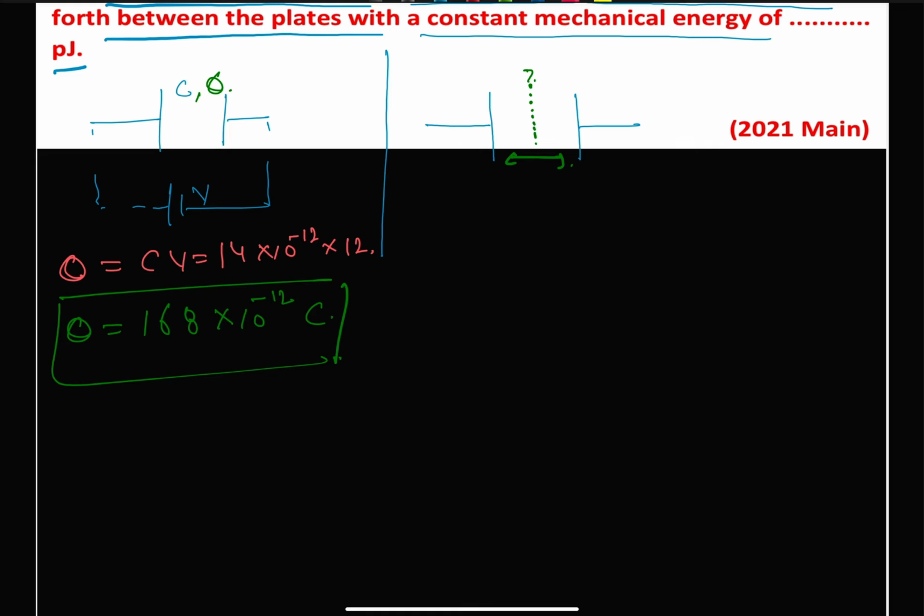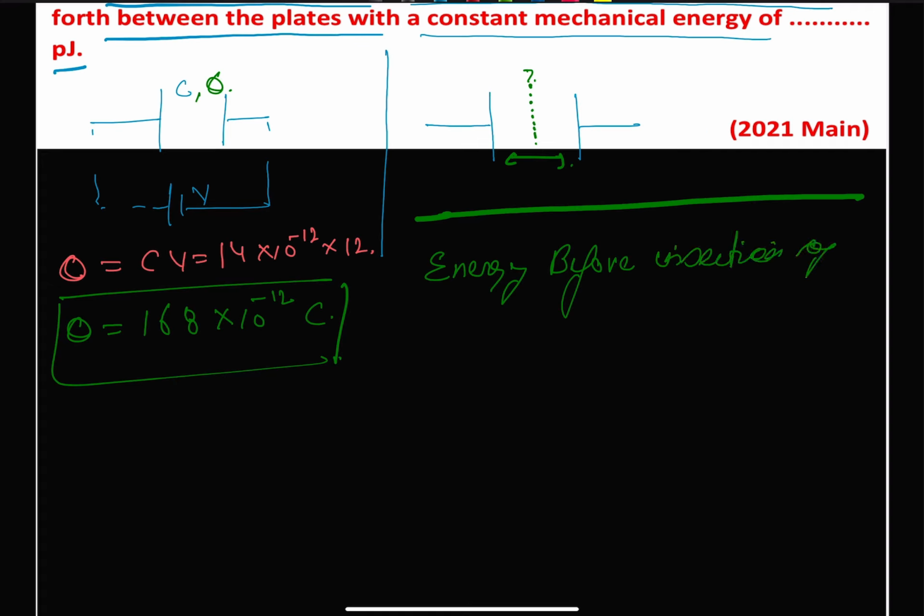And from here we can also find out the energy. So we can say energy before insertion of plate, let us call this as U I, will be equal to half CV square, and values are known to us.